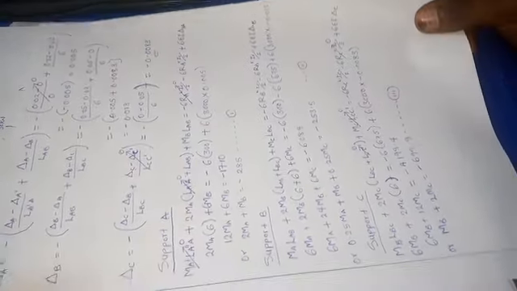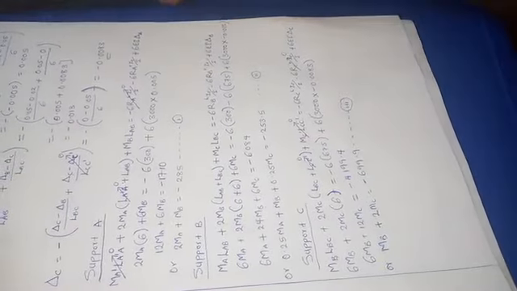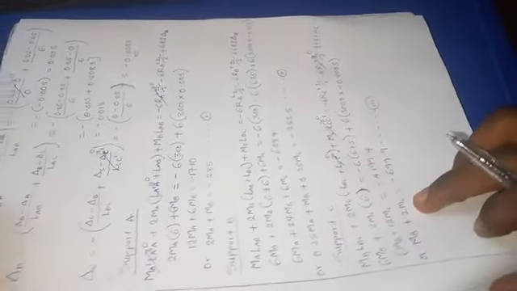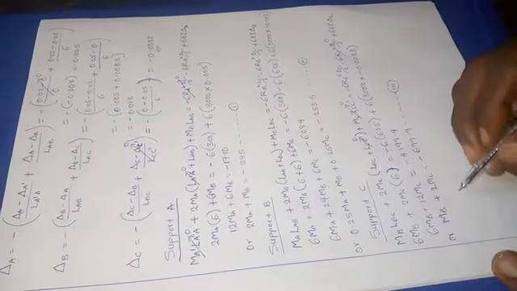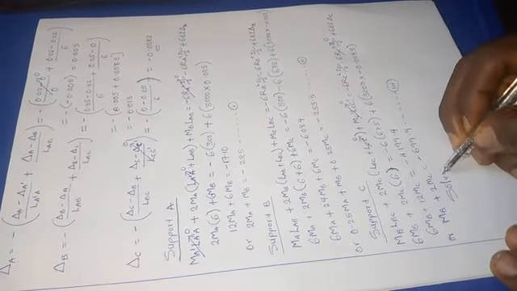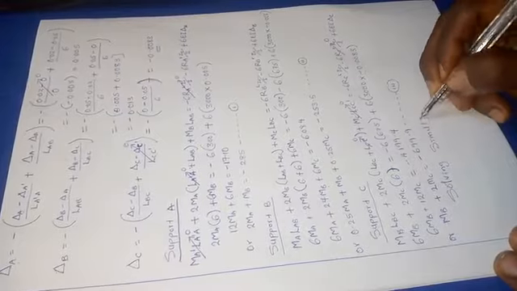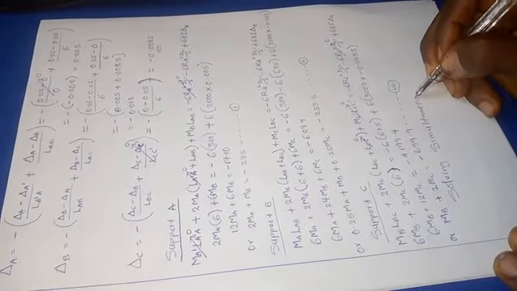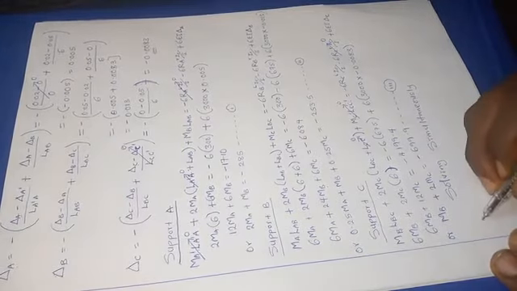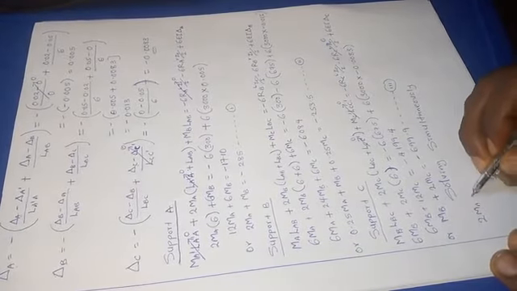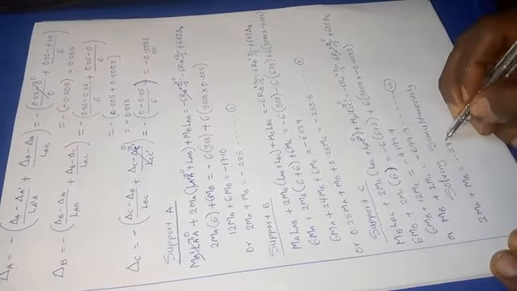At this point, we're almost done with our calculation because here is where we need to solve simultaneously. If I am solving the equations simultaneously, my first equation was 2 moments at A plus moments at B equal to minus 285.